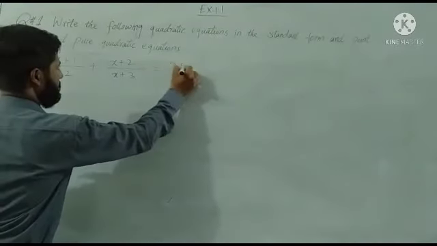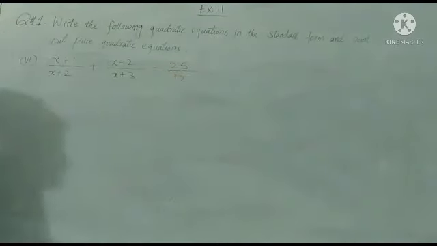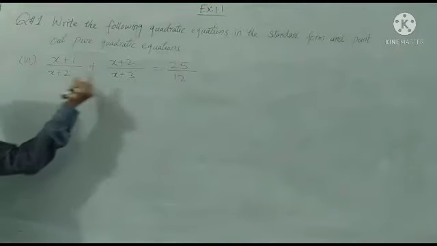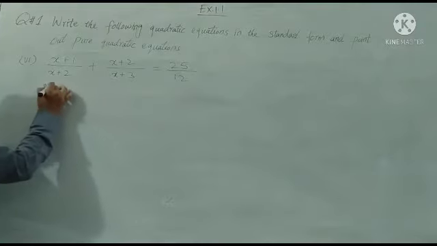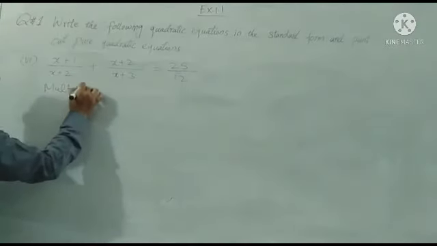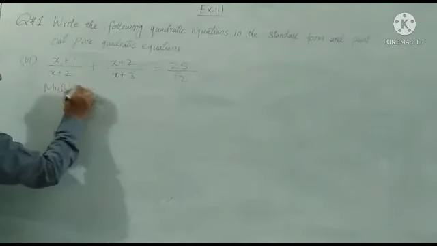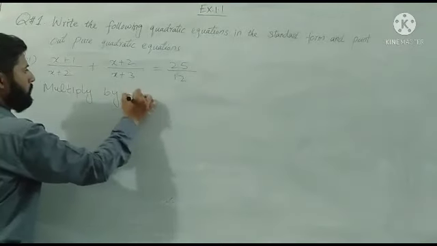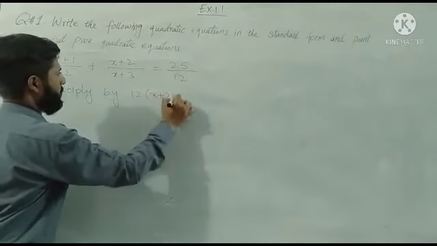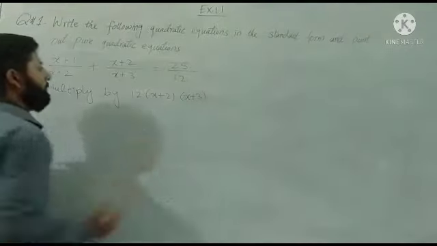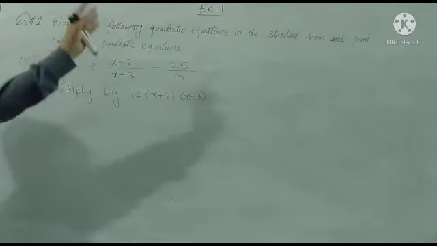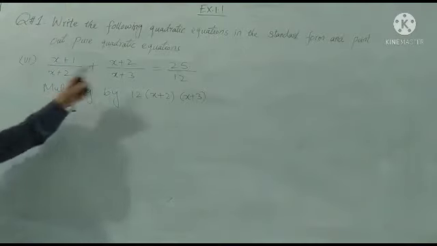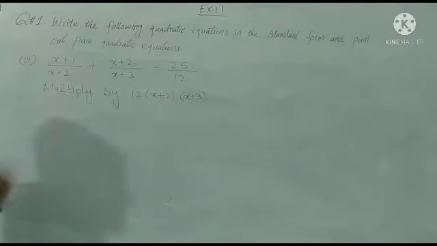Now better, in the denominator the values are present, so we will multiply the whole equation by the values which are present in the denominator, 12 into x plus 2 into x plus 3.